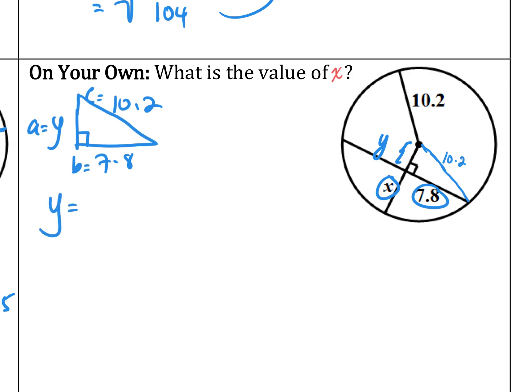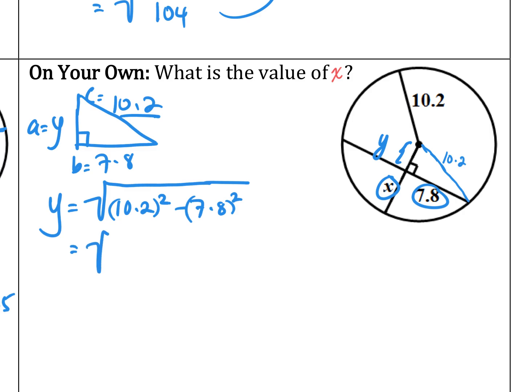As a shortcut, y is equal to the square root of 10.2 squared minus 7.8 squared. 10.2 squared is going to give you 104.04. 7.8 squared is going to give you 60.84.